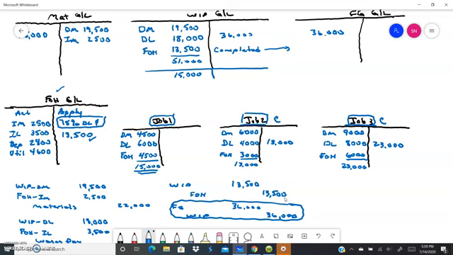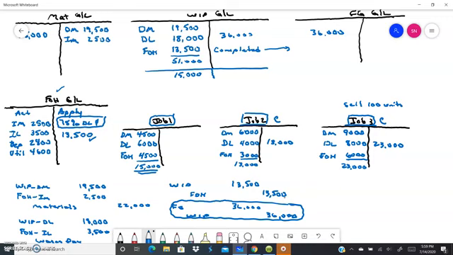That's the cost of jobs 2 and 3. Job 2 cost us 13,000. Job 3 cost us 23,000 to manufacture. And now that's the cost of those jobs that are in ending inventory. And that's the cost that would eventually make its way into cost of goods sold when we sell that product. So let's say, for instance, we sell 100 units of job 3.